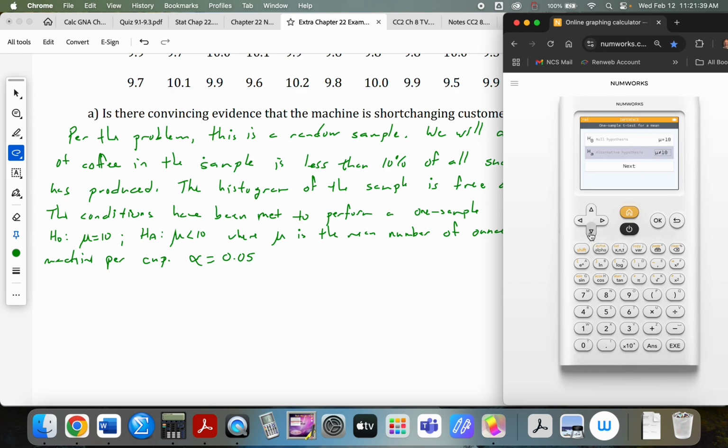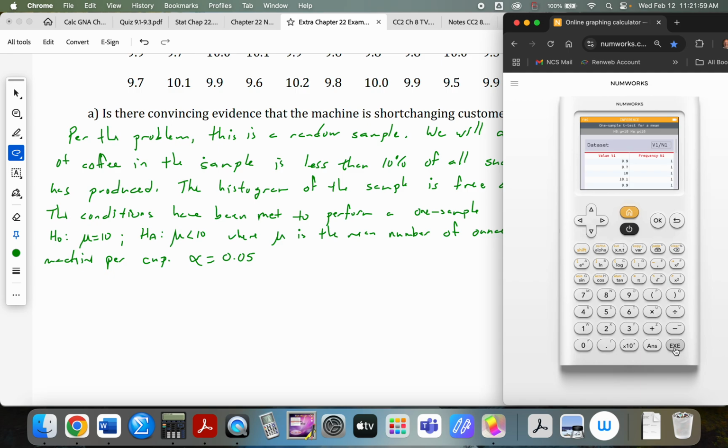Our alternative is that it's less than 10. We're going to use a data set. Hopefully that's the right one.